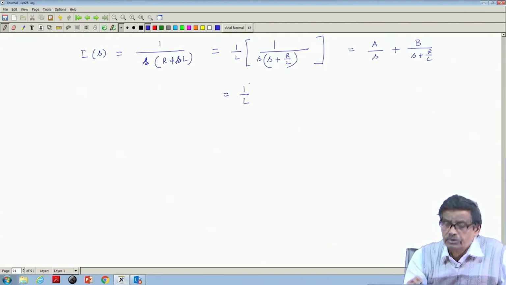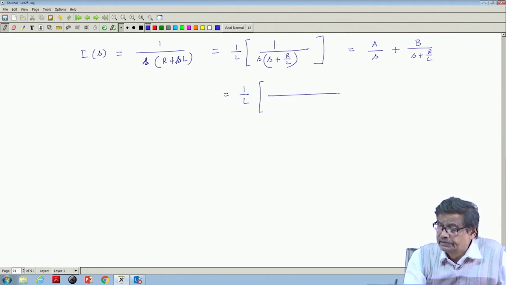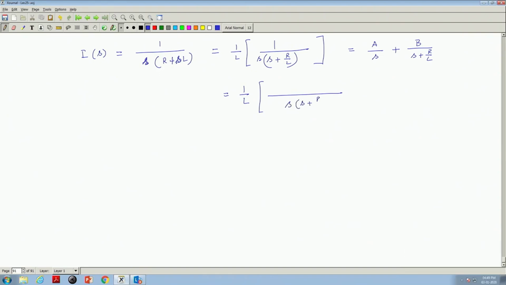So, what you do is this: on the top it is S into S plus R by L. So, on the top there is a constant, what you do, you add this, then minus S, there is no S term.